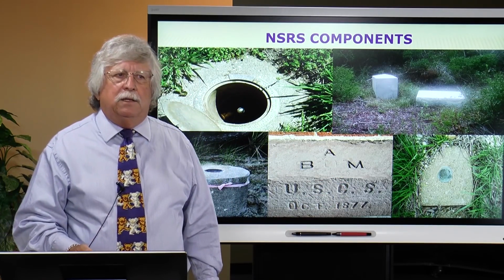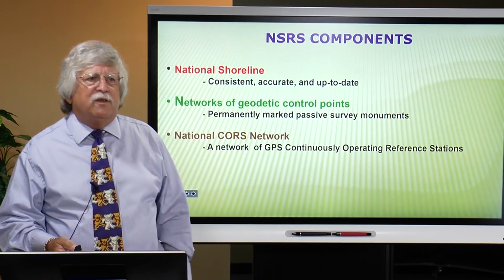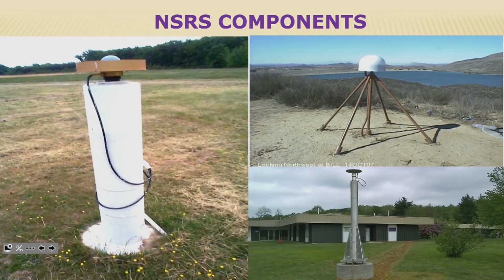But beginning in the early 90s, we start to see the development of CORS, continuously operating reference stations. And today, this is really the foundation of the access to the reference frame. And these CORS, just like the passive control, take on different sizes and shapes. So here you just see several examples.